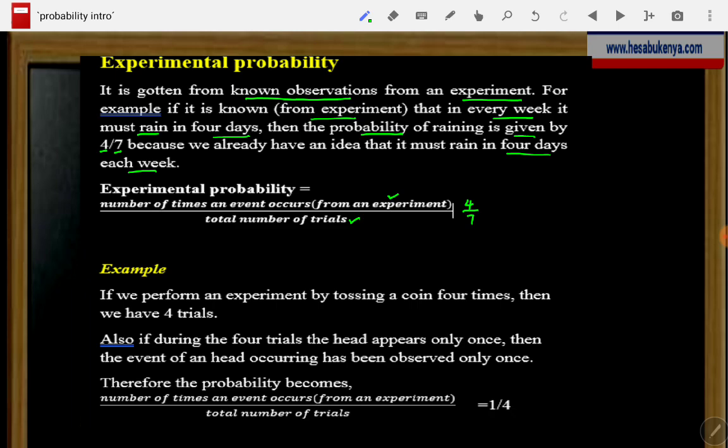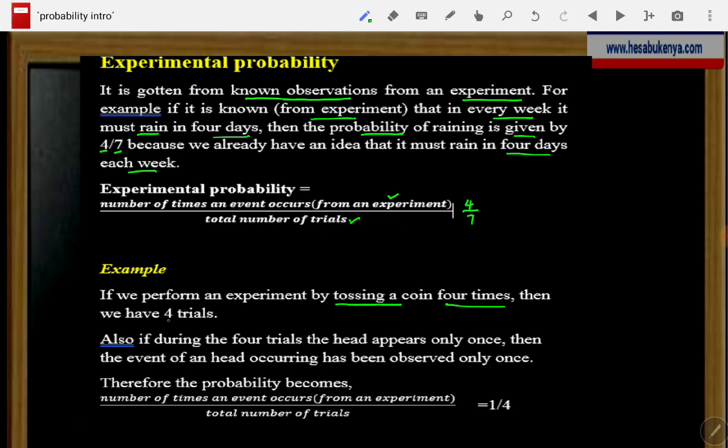Another example. If we perform an experiment by tossing a coin 4 times, then we have 4 trials. Also, if during the 4 trials the head appears only once, then the event of a head occurring has been observed only once.